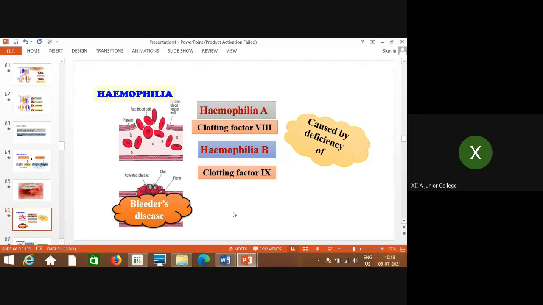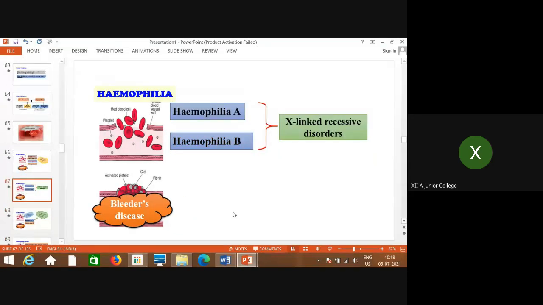The network is formed, the blood cells clot in each other, and it avoids the loss of blood from the body. But if that clotting factor is not functioning properly, then there is loss of blood from the body, and that is why this is called bleeder's disease. A lot of blood is lost from the body, and this is considered to be a sex-linked recessive disorder.